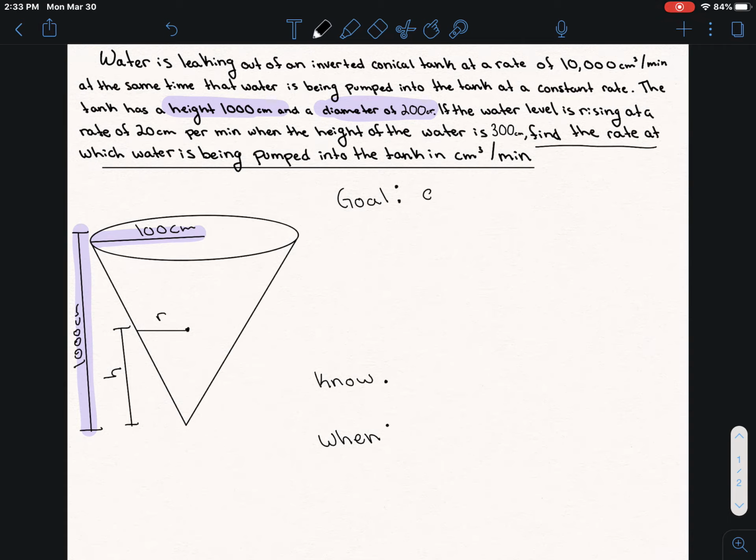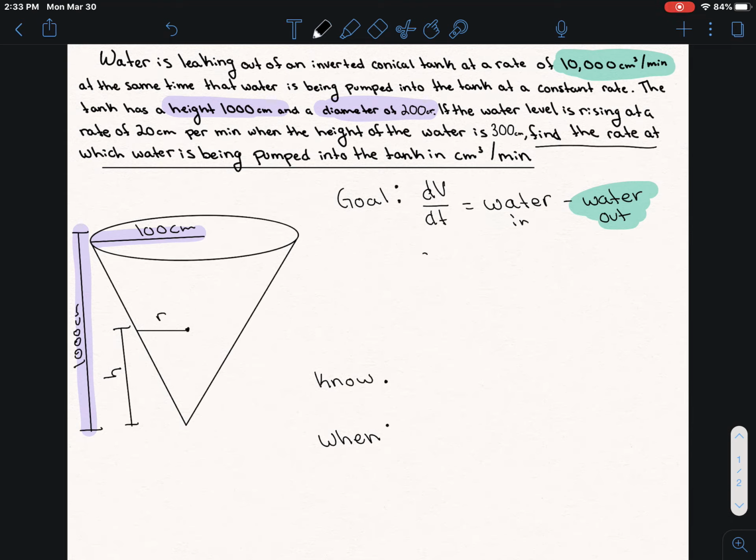So we're going to be looking for dV over dt. That is equal to the amount of water going in, water in, minus water out. We do already know one of these variables though. We know how much water is coming out of our tank. We know that it's coming out of the tank at a rate of 10,000 centimeters cubed.